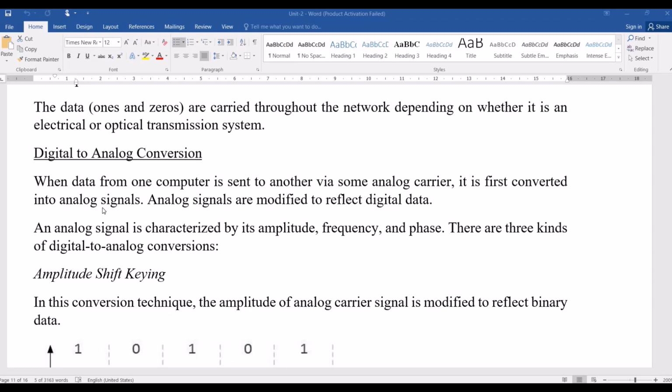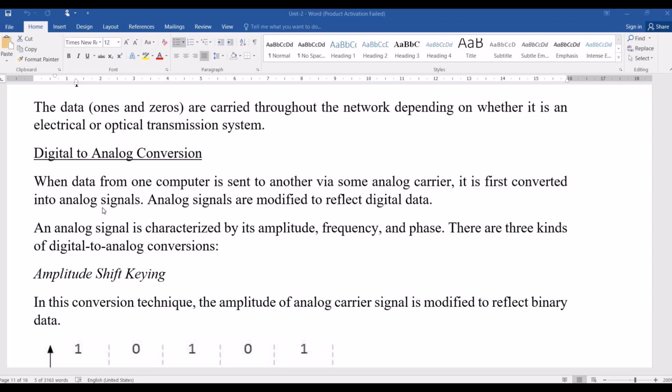But we need to send out the data to communicate with each other, so it's sent out in the form of an analog carrier. It's first converted into analog signals, modified to reflect the digital information. How to represent those digital into analog, we'll learn in this one.